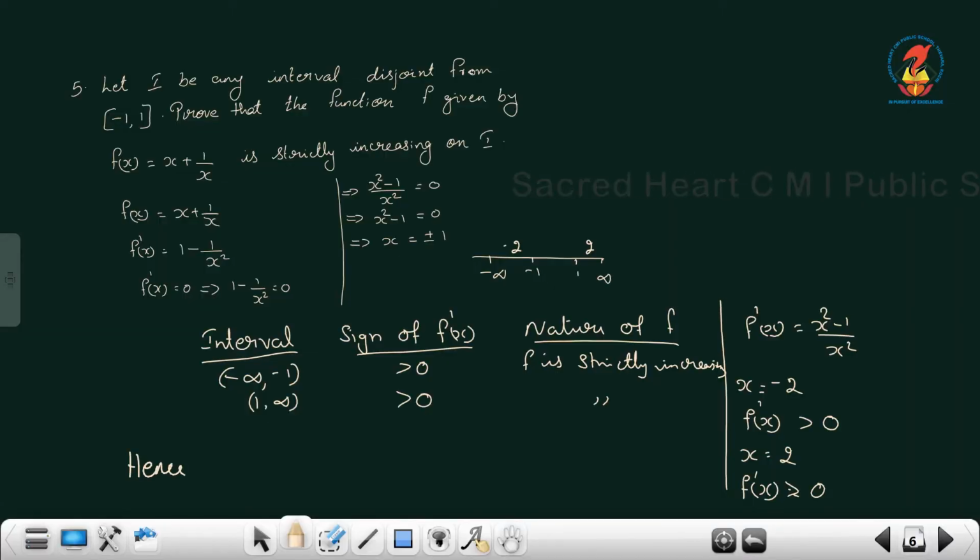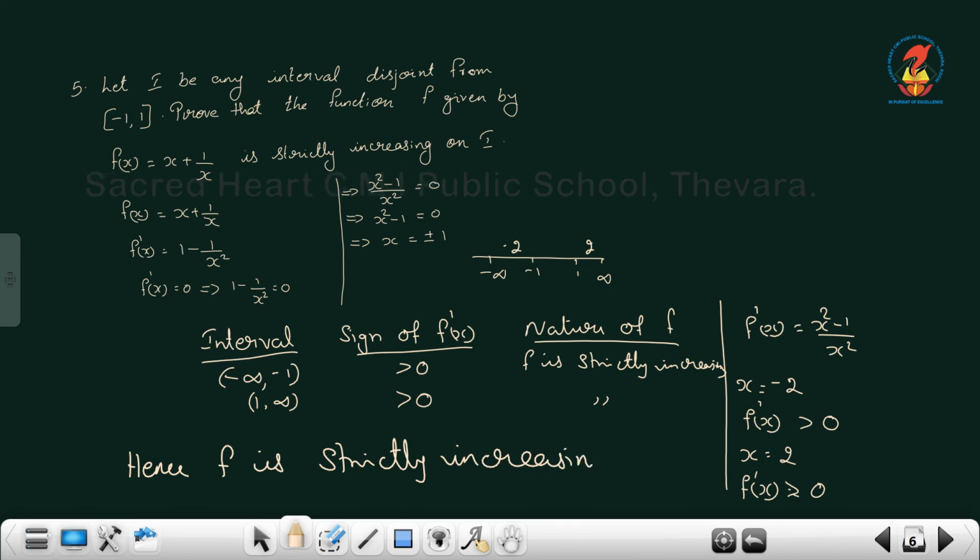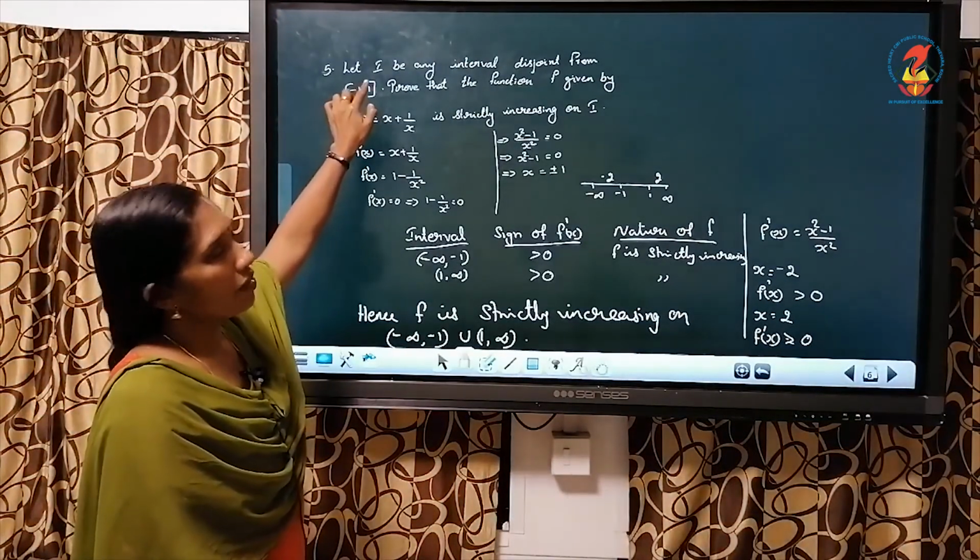Hence f is strictly increasing on minus infinity to minus 1, union 1 to infinity. That is, f is strictly increasing on the interval disjoint from minus 1 to 1.